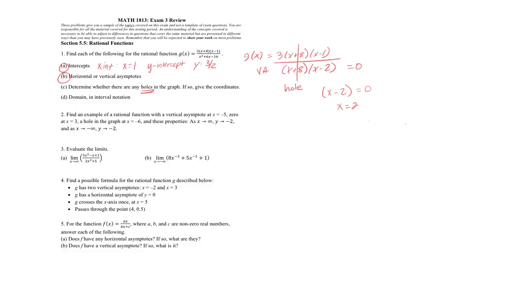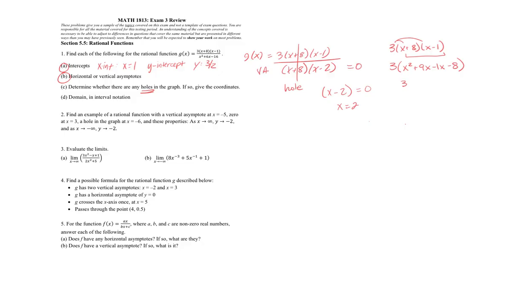So then we have this x minus 2 equal to 0, and this shows that we have a vertical asymptote here. Then we need to look for horizontal asymptotes, which will be given by the degrees of this. So if we expand this top part out, x plus 8 and x minus 1, we have 3 times, let's just do these first, x squared plus 8x minus x minus 8.